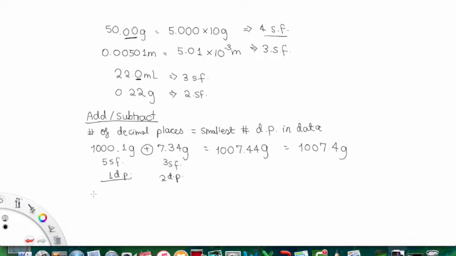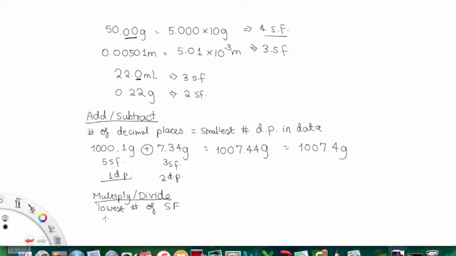So on the other hand, now we can talk about multiplying and dividing. So in this case, you just use the lowest number of significant figures. So lowest, let me underline this, lowest number of significant figures that's carried over.